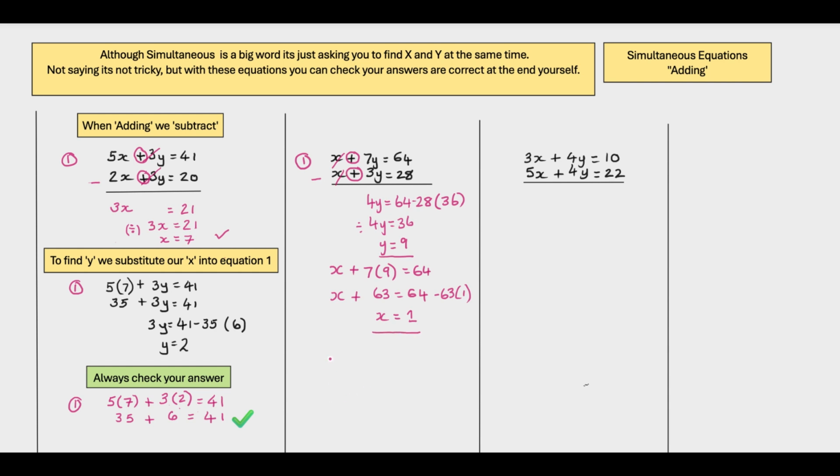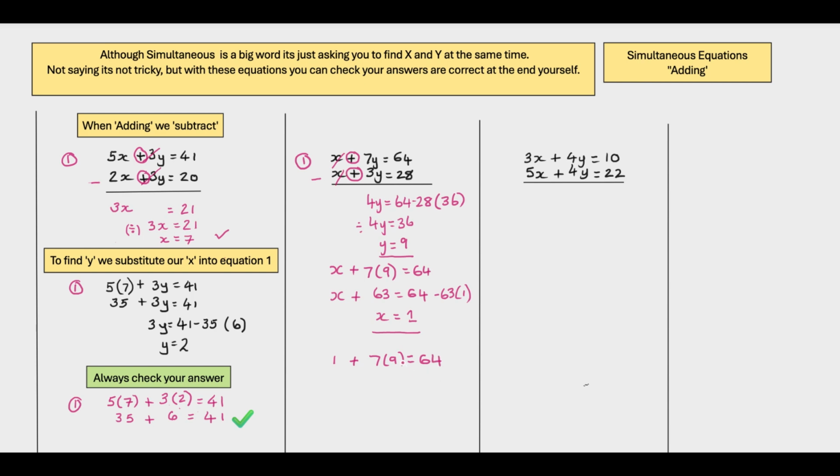Some teachers don't even tell you to check your answer, and that is something I really don't understand. I think you should check your answer if you have the ability to do so. So we're going back to equation 1. We know that x is 1 plus 7 by 9 should all equal 64.